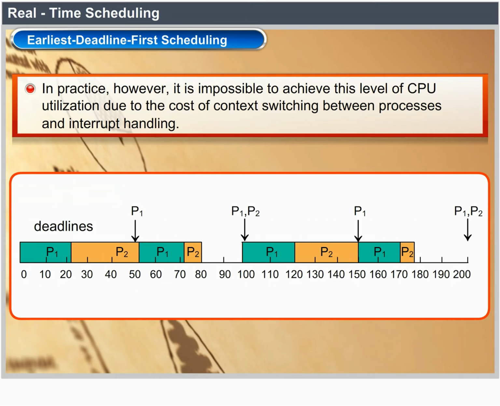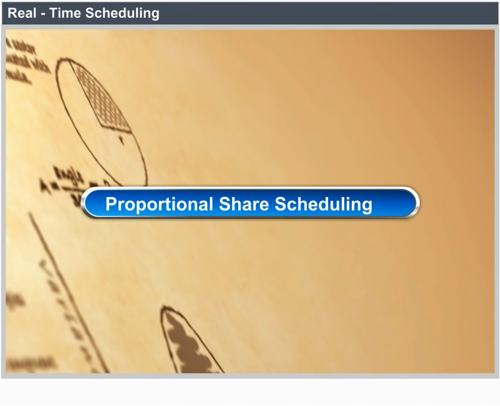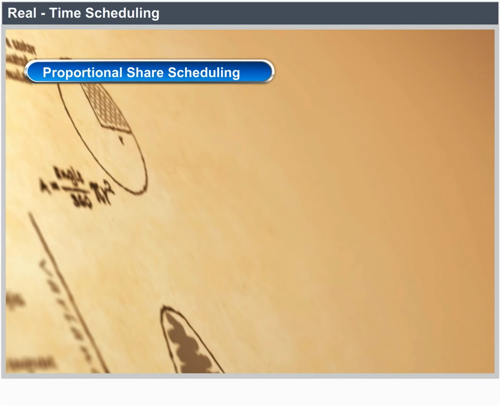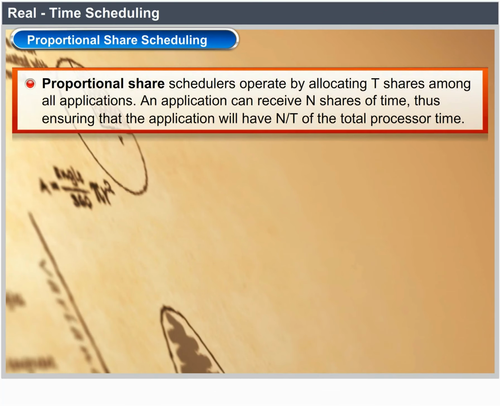Proportional share scheduling. Proportional share schedulers operate by allocating T shares among all applications. An application can receive N shares of time, thus ensuring that the application will have N over T of the total processor time.